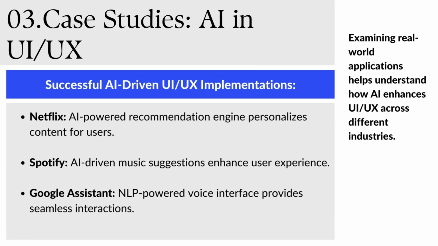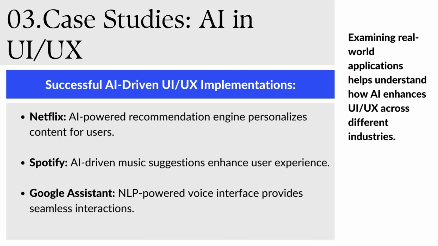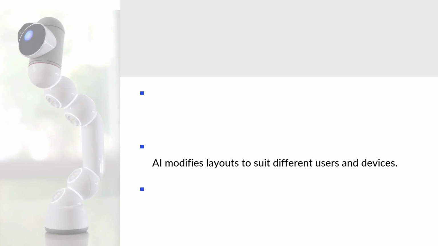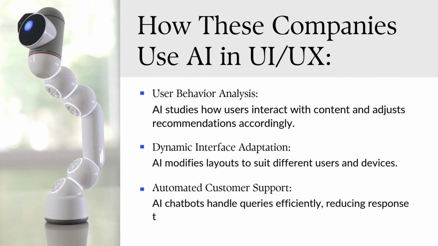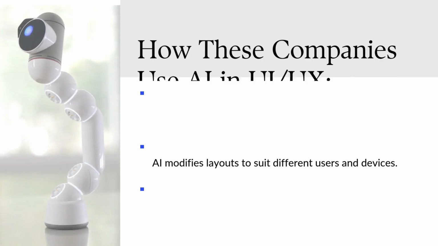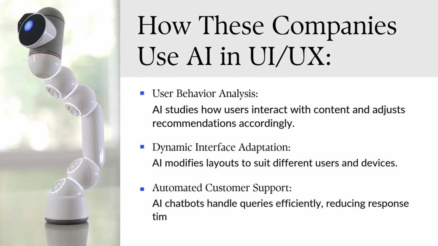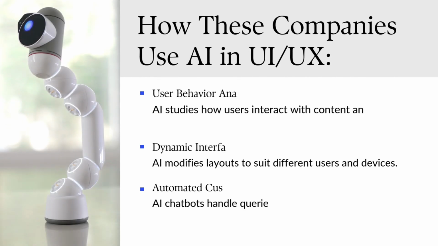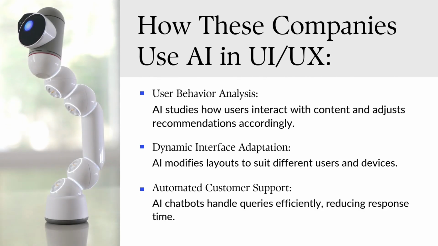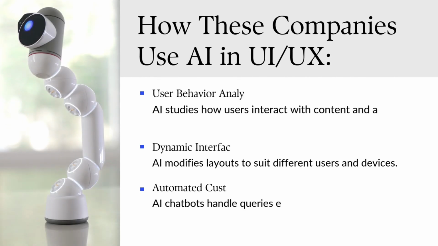So guys, let's move ahead to talk about how these companies make use of AI in UI and UX. First is user behavior analysis. With this, AI studies how users interact with content and also adjusts recommendations accordingly.